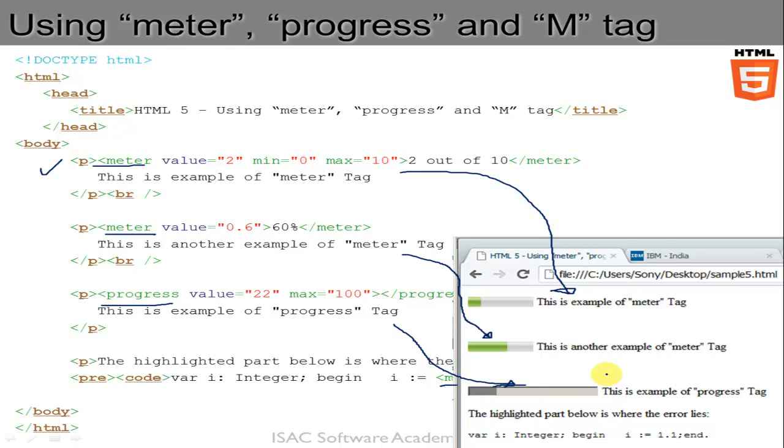Some browsers will show a star, some will show a bar, some a light colored bar, some an oval kind of bar, so the rendering of the meter and progress tags depends from browser to browser.